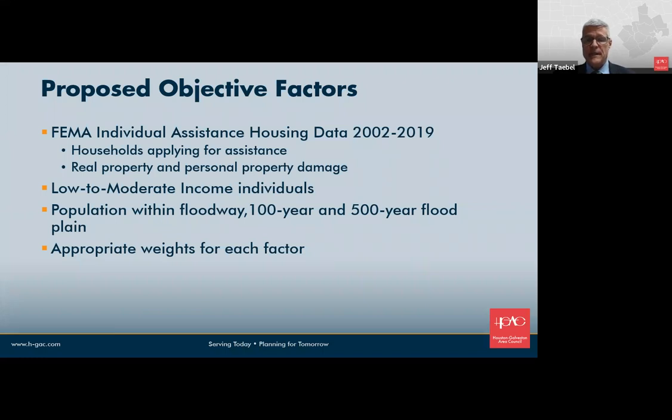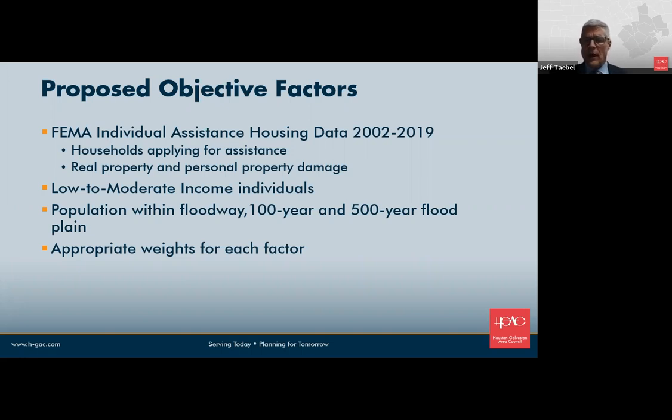So we see this as really an indicator of not only existing, but potential future mitigation needs. So even if the storms in our database didn't particularly affect an area, we all know that the patterns within a region that is 12,500 square miles can be quite different. So if there are still populations within these various floodplain delineations, we view that as a mitigation risk.